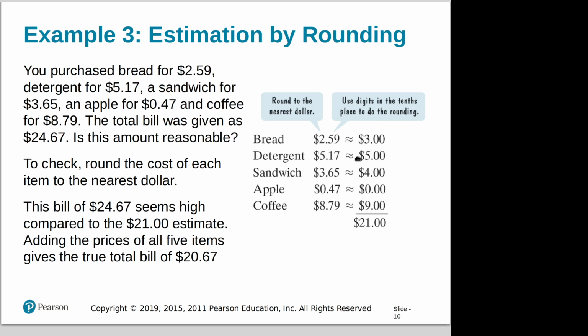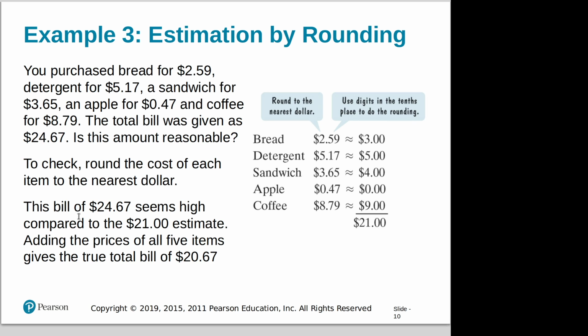And so 3, 5, 4, and 9, 8, 12, 21, and we get a total. If we compare it to the actual cost of $24.17, of $20.67, which is what happens when you add these whole things here.